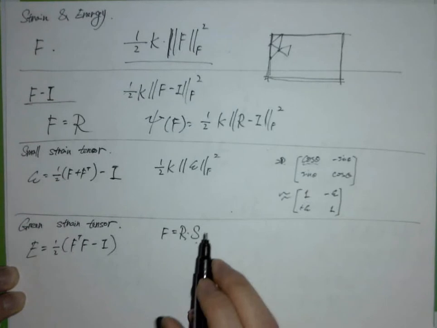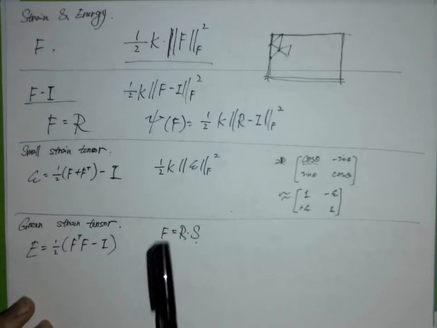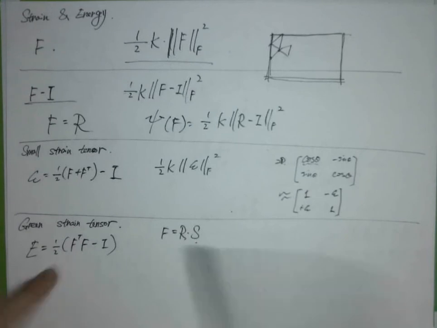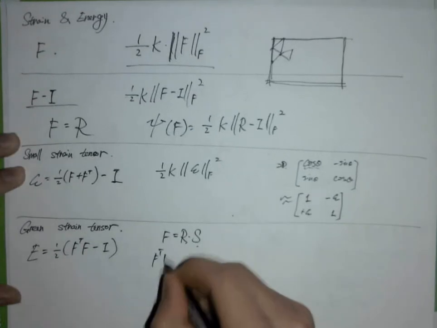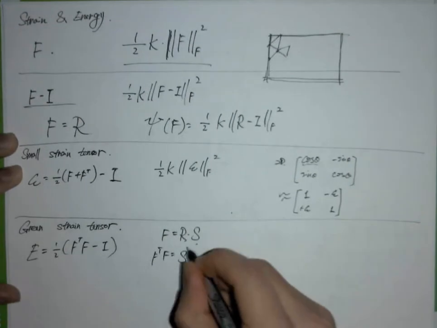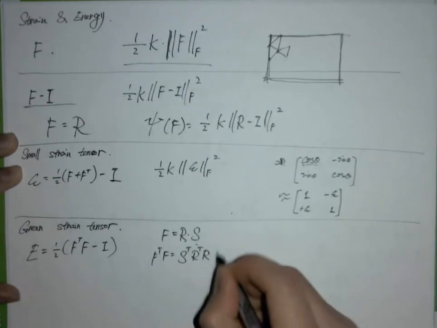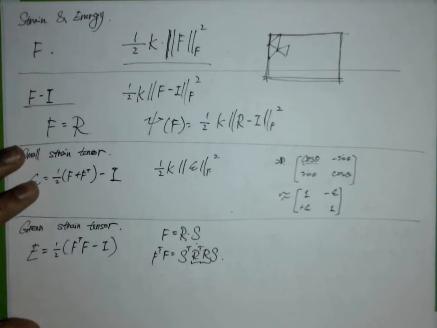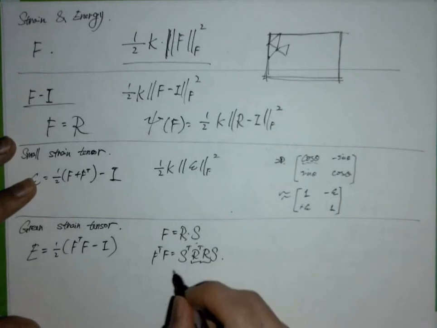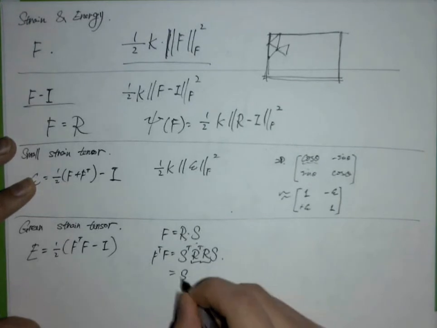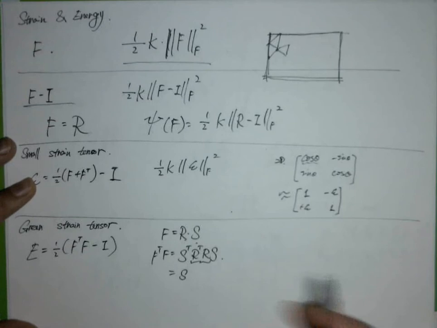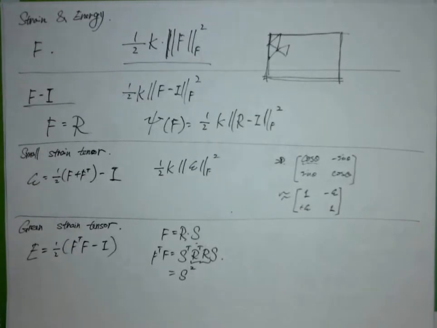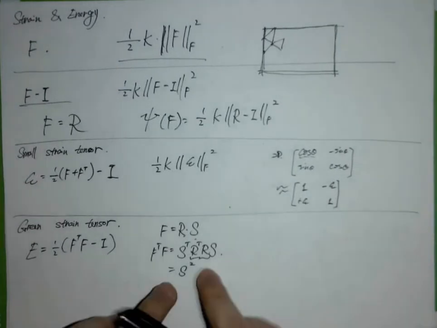It's a symmetric matrix. All right, and then multiplying F transpose F will simply equal S transpose R transpose R S, and the R transpose R goes away, because R is an orthogonal matrix. It's a rotation matrix, so it becomes S transpose S, and we know that S is a symmetric matrix. It's S squared. So this one gets rid of the rotation matrix very nicely.